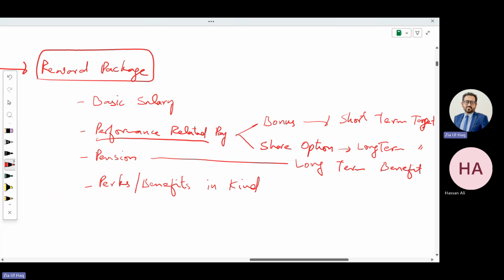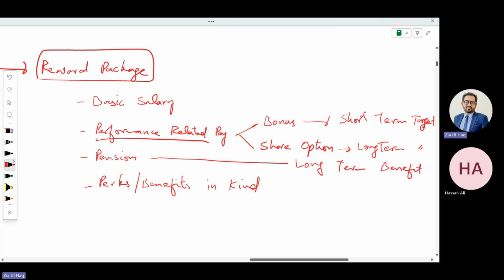Or there could be a policy where the director also contributes some amount from their pay as a pension, and the company contributes a multiple of double or five times. Everything is pooled in an account and at the age of retirement, directors can take it. But this is a long-term benefit, not a short-term one. Why does the company need to offer pension? Again, to maintain retention of the directors within the company for a long period of time.